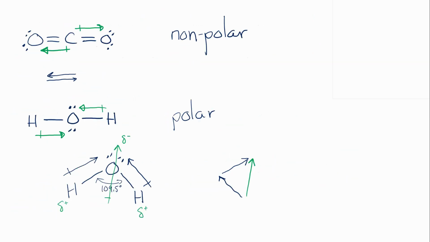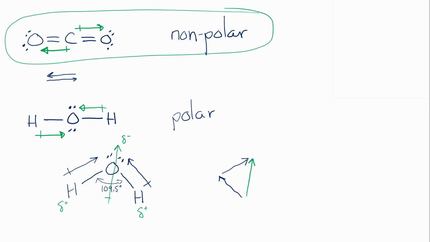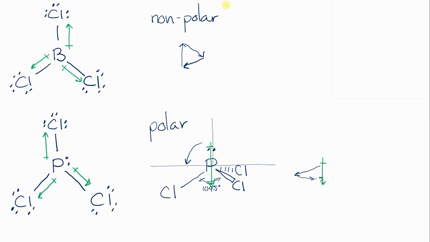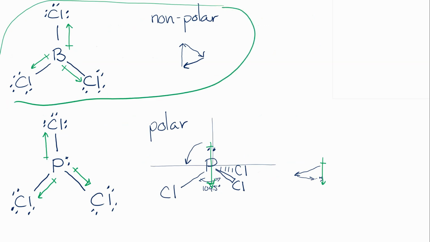And so we have the carbon dioxide, the central atom. There's oxygens, or both the bonded atoms, and there's no lone pairs on the carbon, nonpolar. Boron trichloride, all positions are chlorines. Okay, no lone pairs on the boron, it's nonpolar.